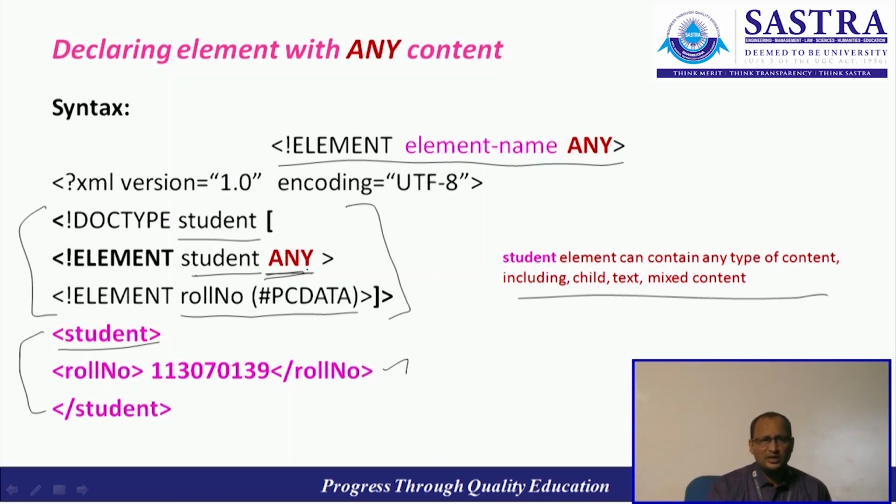Actually, good programming will not use this kind of ANY keyword, because I want my XML document with specified, actual defined child elements and sub-child elements, and I need to specify their number of occurrences. It's a good way of writing proper markup language, so ANY will not be used much in the forthcoming demonstrations.